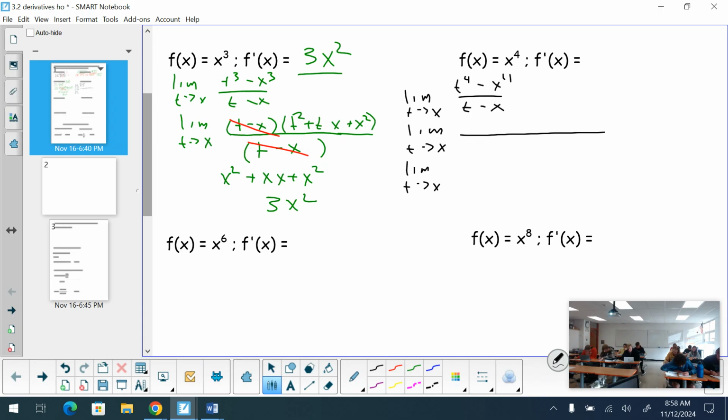First, factor that as the difference of perfect squares. What are you going to have to multiply to get t to the fourth? What are you going to have to multiply to get x to the fourth? Something by itself.